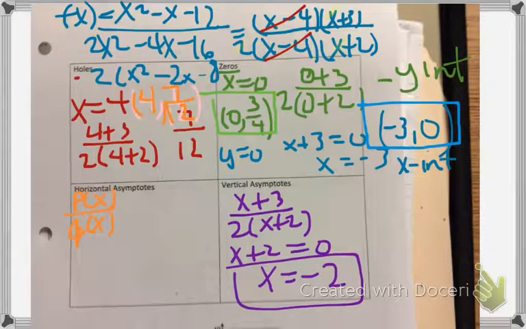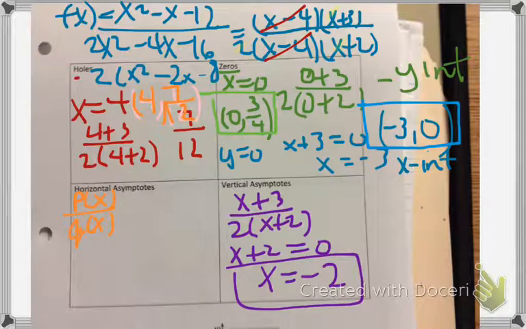Its highest power is 2. Look at the bottom one, 2x squared minus 4x minus 16. What is its power? 2. When I talk about the degree or the power, I'm talking about the degree of the leading term. All right, 3 cases.